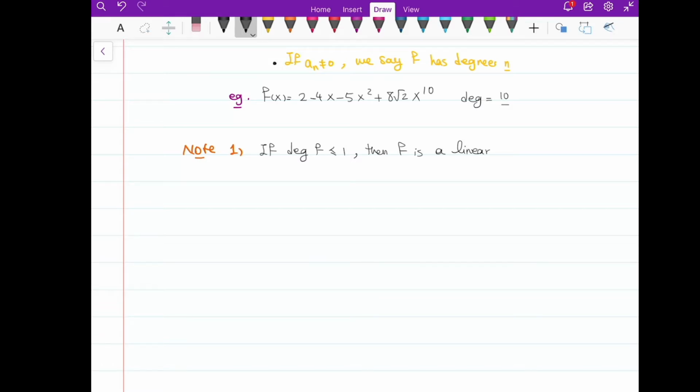How is that? Well, just think about this a little bit. So in that case, y would be f(x), which is equal to a0 plus a1x to the power of 1. This is a straight line that we discussed in the previous video.